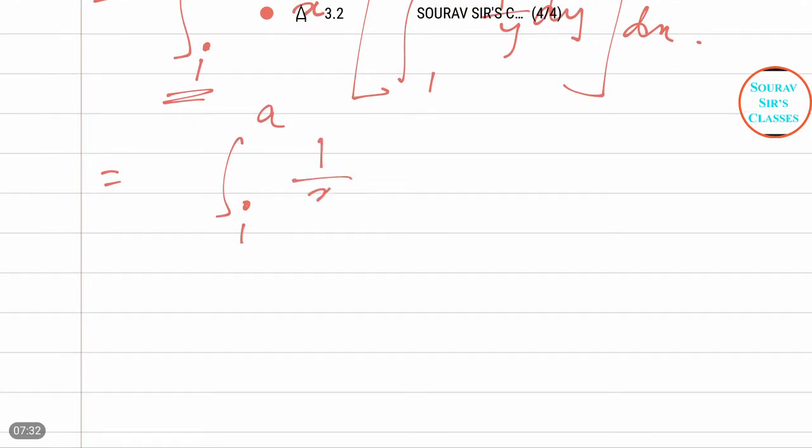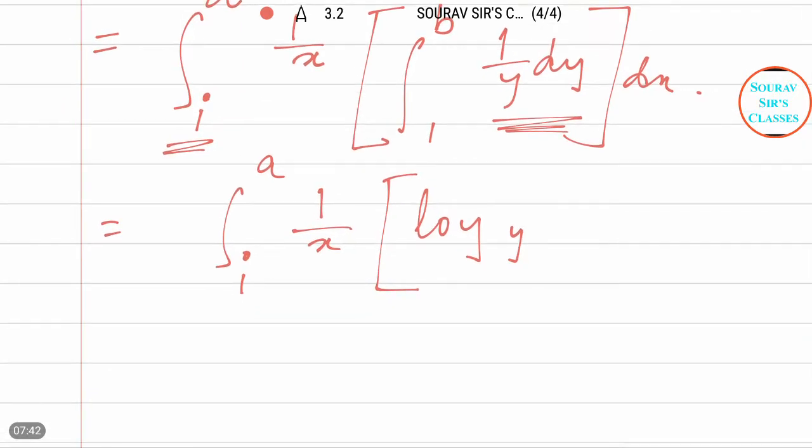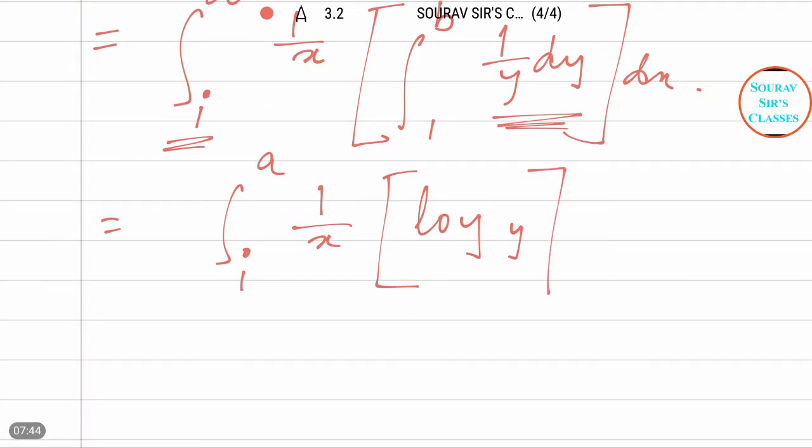Now from this we can write integration 1 to a of 1 by x into log y. So instead of 1 by y dy, we can write log y, and we are putting the limits 1 to b, dx.